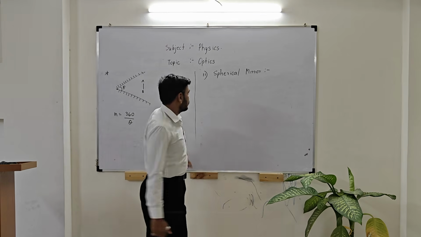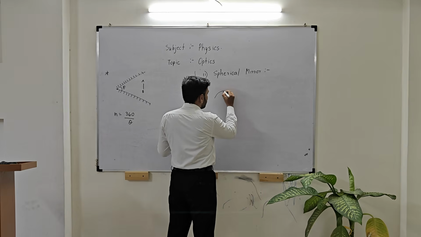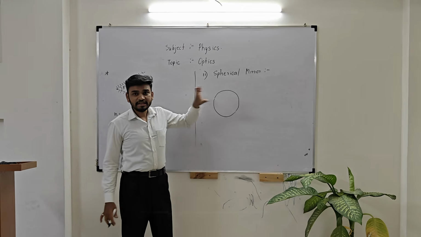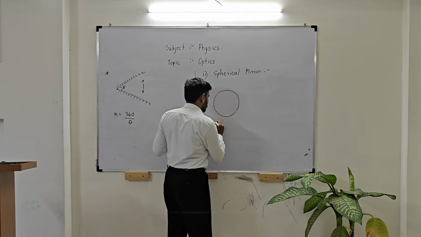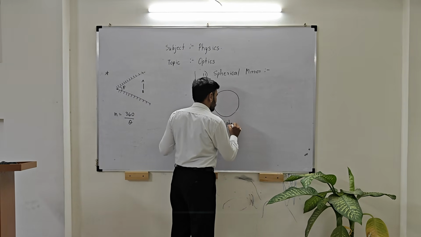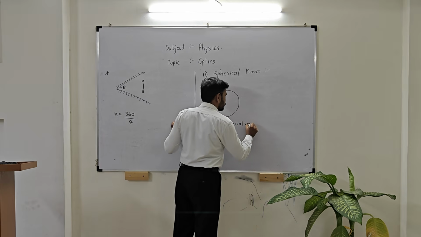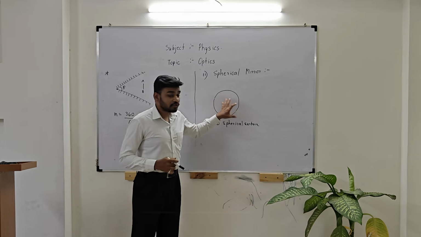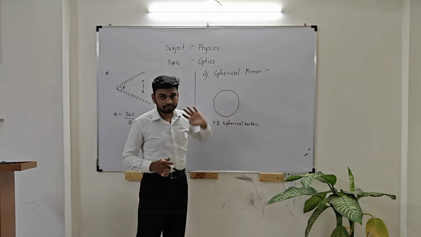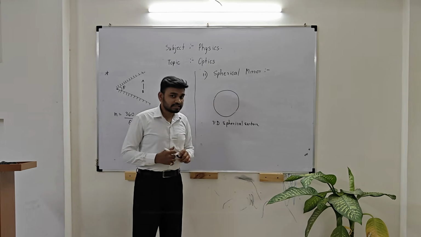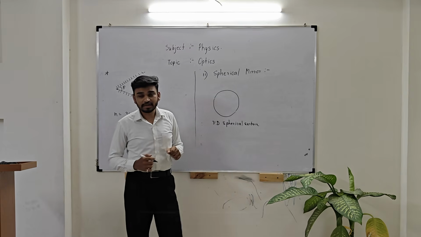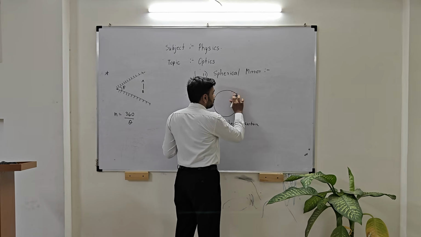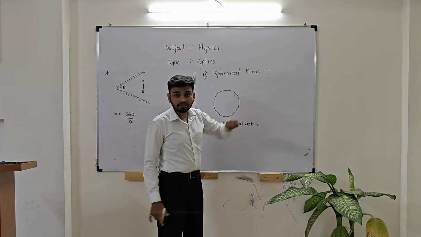So how is it formed? First of all, I will take a 3D spherical surface. From this spherical surface, I am going to form the mirror. But one condition is that in this 3D spherical surface, I will make the inner surface shiny and the outer surface coated.